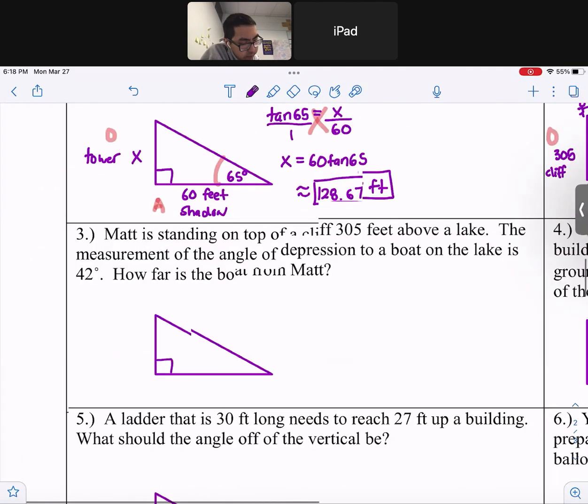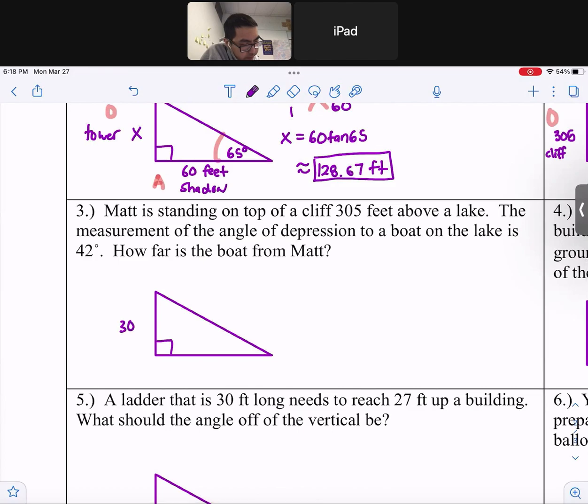Now this drawing, you guys, is going to be awfully familiar to what we just did, except now what they're asking is, the angle of depression is still the angle formed with the ceiling, which is the same as angle of elevation, but now it says how far is the boat from Matt.